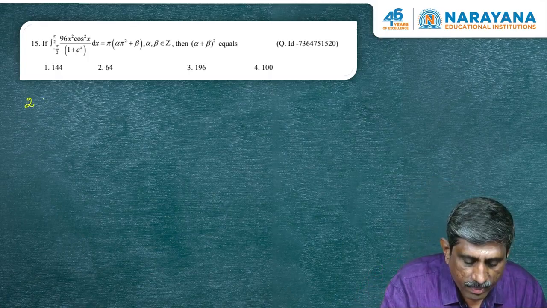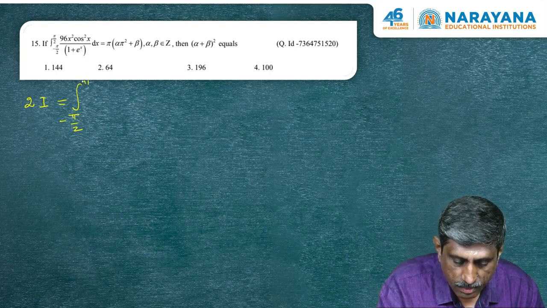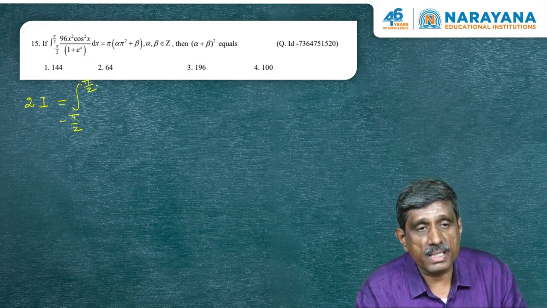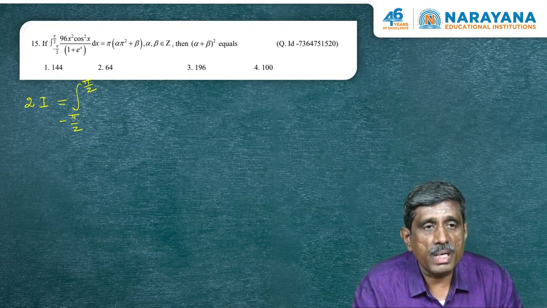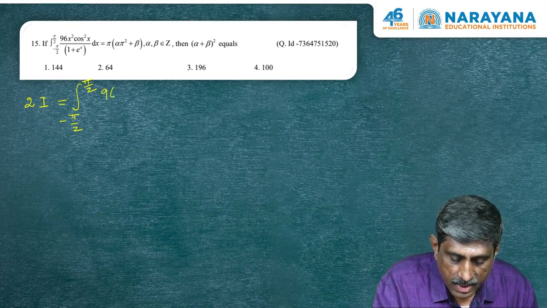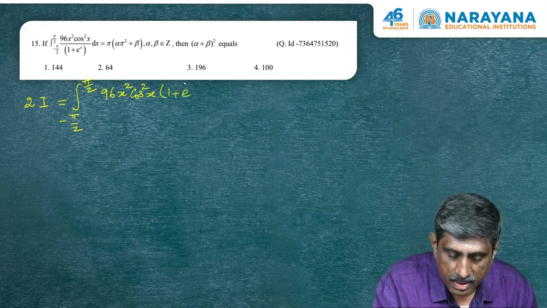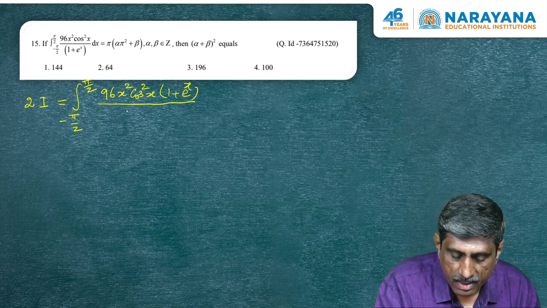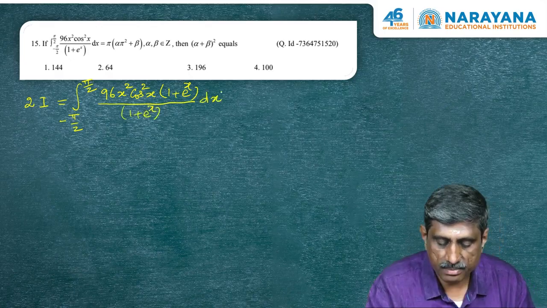I will directly write 2I. 2I is equal to integral minus pi by 2 to pi by 2. I am going to add directly without wasting time. When you substitute x is equal to minus x and you write e power minus x as 1 by e power x and take e power x as LCM, we are going to get 96 x square into cos square x into 1 plus e power x divided by 1 plus e power x dx is what we are going to get.